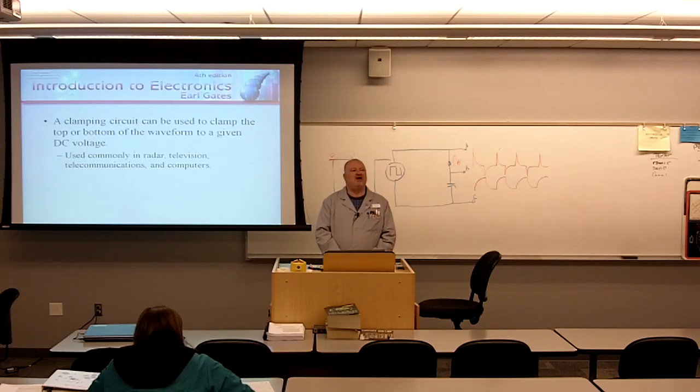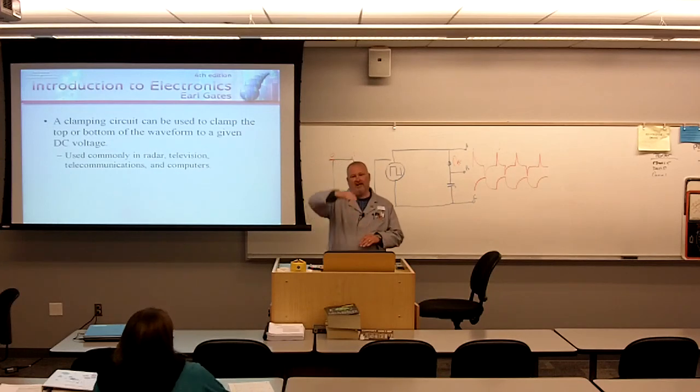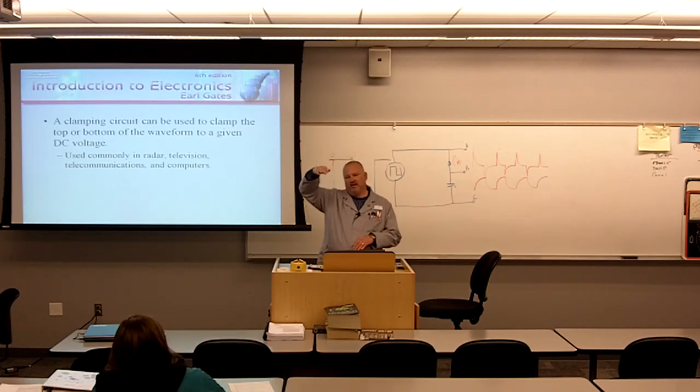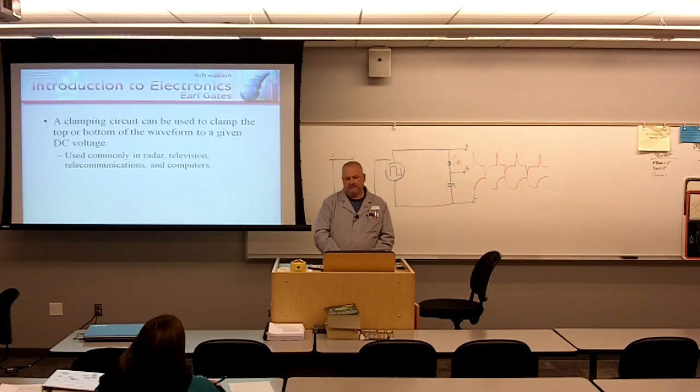But the signal, which represents the intelligence, the audio, the video, the whatever, we need to put that on the DC level. So what we're going to do is clamp that AC signal to a DC level. That's what clamping means.